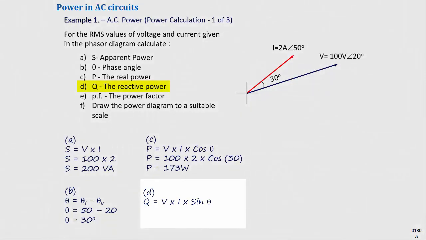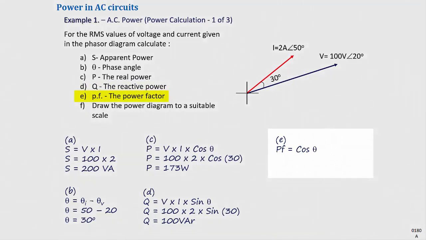Part D is to calculate the reactive power Q. So, the reactive power Q equals the supply voltage times the current times the sine of the phase angle. Substituting values, the reactive power Q equals 100 times 2 times sine 30, which equals 100 volt amperes reactive.